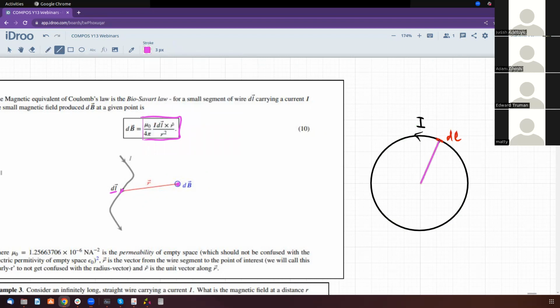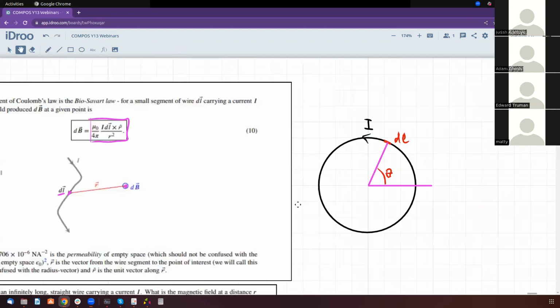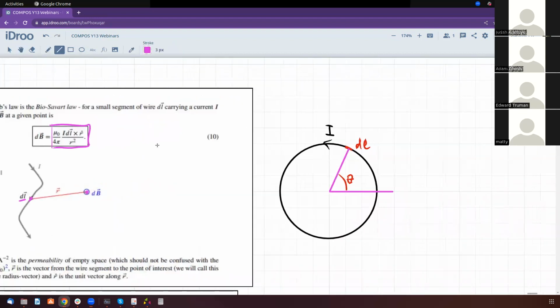It is convenient to use the angle, and let's say we start from here, and this angle is going to be theta. Then for simplicity, let's say that this is x and this is y.